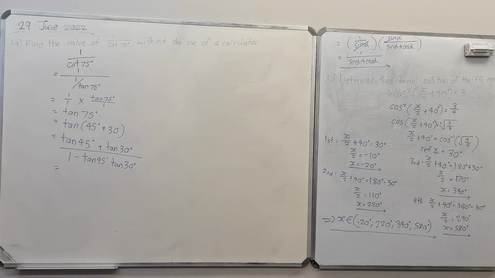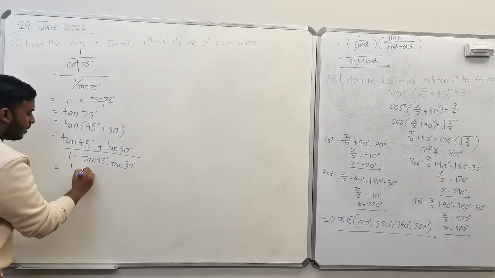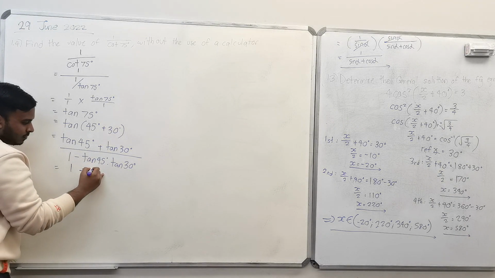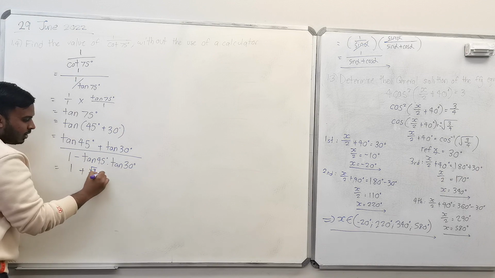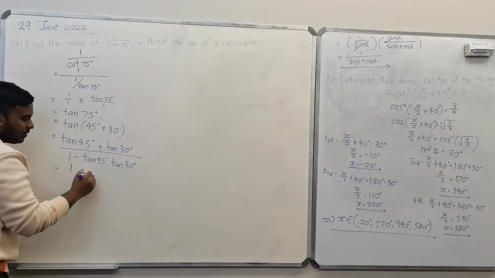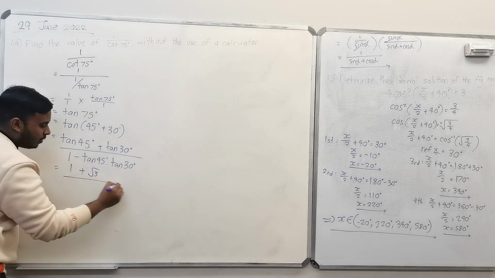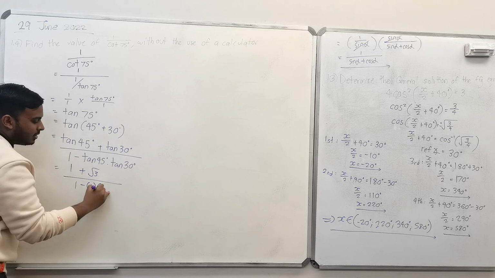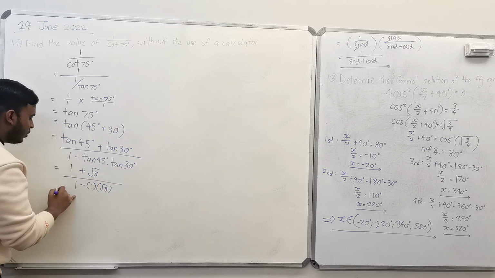Now we'll use our triangles. Go to the page I gave you in the tutorial to write down. What is tan 45? 1. So 1 plus tan 30, which is root 3 over 3, all over 1 minus tan 45 is 1, times tan 30. So what is this now?